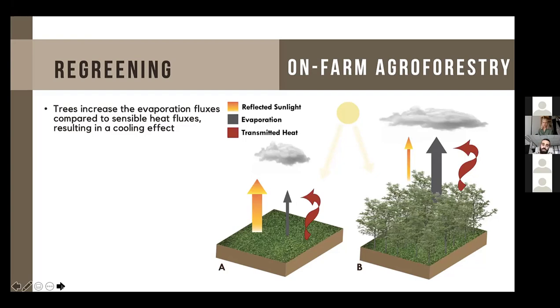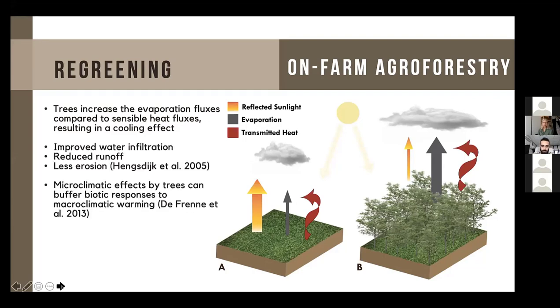Trees also affect the wind speed, of course, and the direction of the wind on a site. A study from Hengsijk, I think is how you say it, showed that reforestation practices resulted in less than 15% erosion since trees improved water infiltration and reduced runoff. The tree roots basically act to anchor the soil, and that creates this pretty great package of not just improving soil conditions, but also improving the microclimatic conditions.